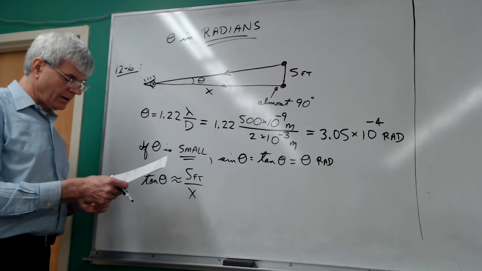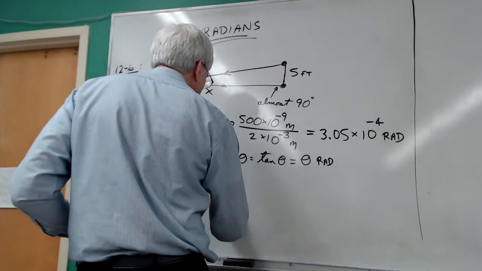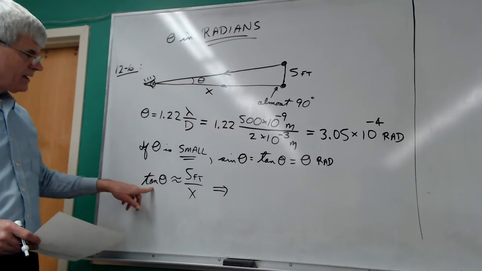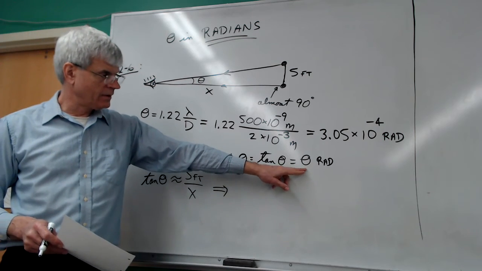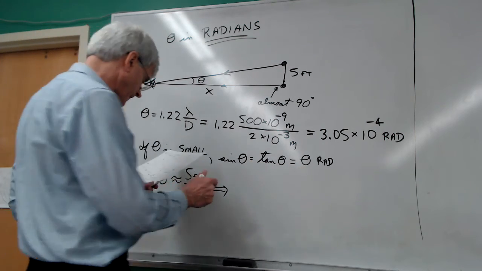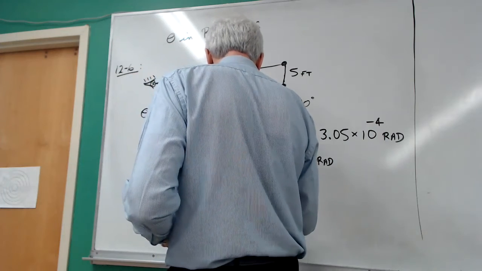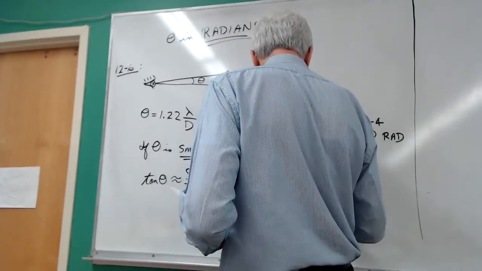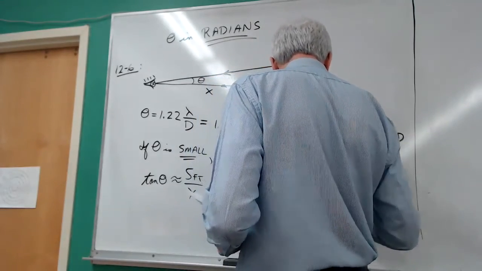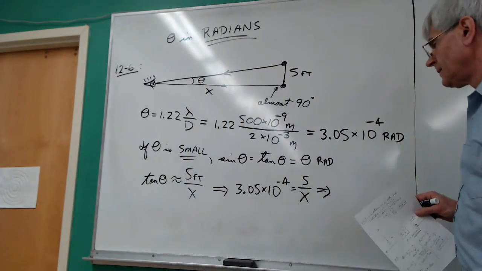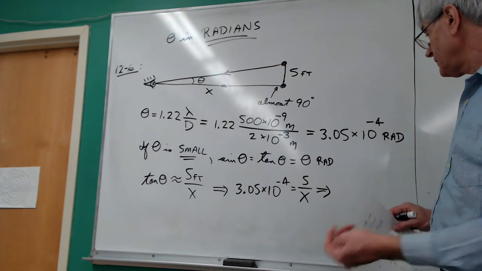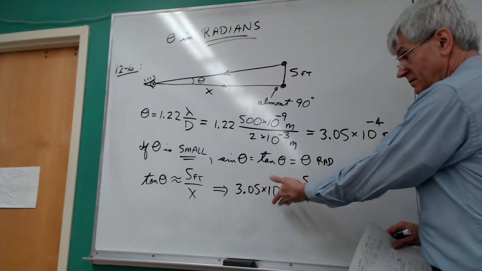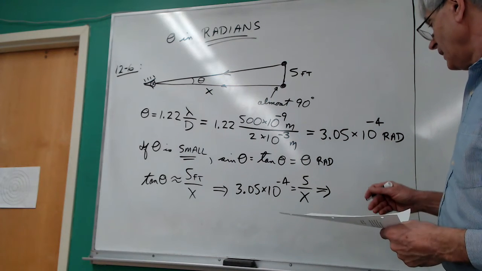So filling in the 3.05 times 10 to the negative 4, because the tangent is pretty much equal to the angle itself in radians. And again, if you don't happen to think of that little shortcut, just make sure your calculator's in radian mode, punch that up, and this is what you're going to get for the tangent of the angle.